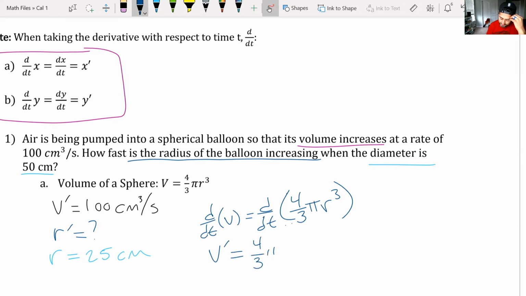4/3 pi. Now, the only thing we're taking the derivative of on the right side is the variable. 4/3 pi is a constant, so we can just move that to the outside. So this means that we only want the implicit derivative of r cubed with respect to time. So this is going to become 3r squared r prime.